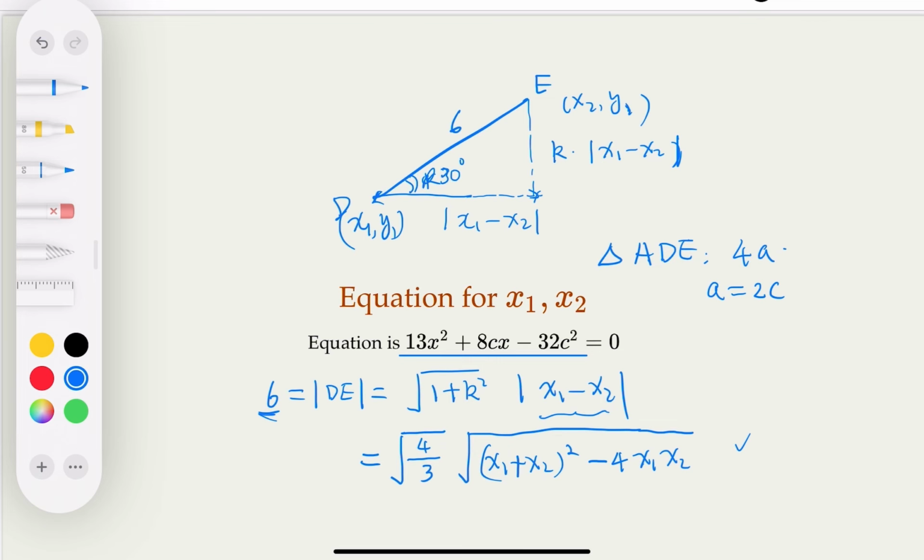Why are we doing this? Because we don't want to solve this complex equation using the quadratic formula. Rather, we want to use the Vieta formula, where the sum is related to the coefficients, right?